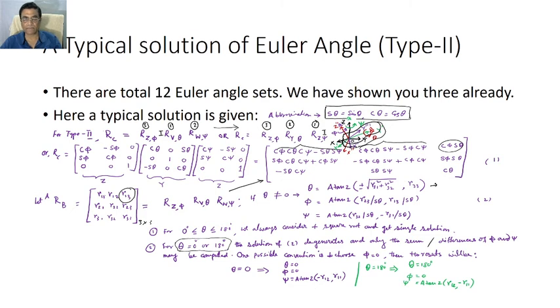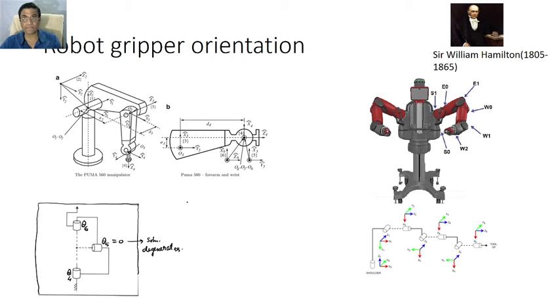So here you have seen the solutions are degenerating, and if I talk now with respect to a robot, so you see, this is my robot gripper, right? And here three joint axes are intersecting. You see, 4, 5, and 6.